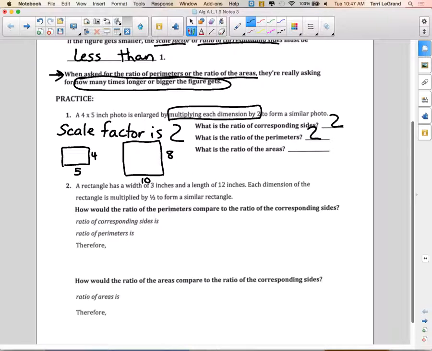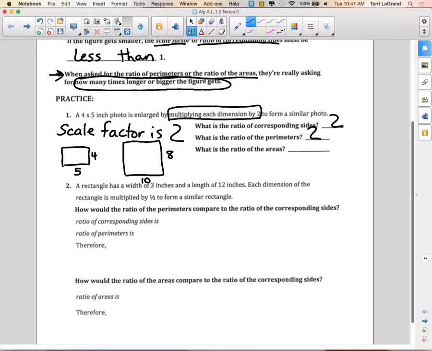What's the ratio of the areas? Remember, what does that mean? They're really asking you, what are they really asking you? How many times bigger did it get? Bigger or smaller? In this case, it got bigger, didn't it? So how many times bigger did it get? 2 times bigger? 4 times bigger.